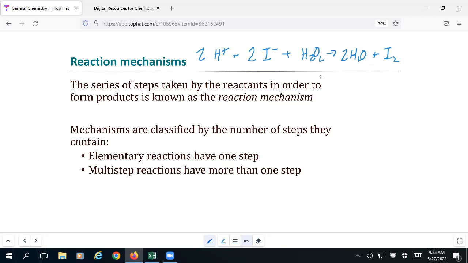It's going to happen all at once because, well, there's nothing else that has to collide with. Or maybe it has to collide with another molecule of the same kind to get its energy up, to make it second order, whatever the case may be. Or if I'm looking at a synthesis reaction, I've got hydrogen molecule and iodine molecule, and we're making hydrogen iodide. Chances are that could easily be elementary. The hydrogen atoms and the iodine atoms just have to collide with each other.